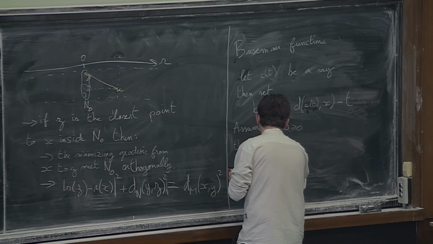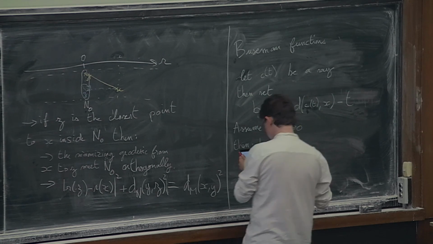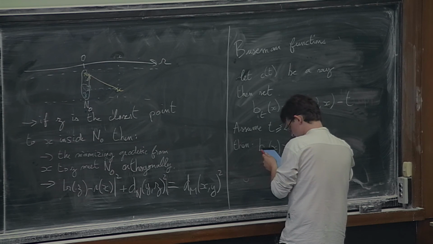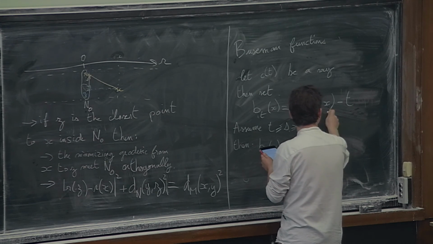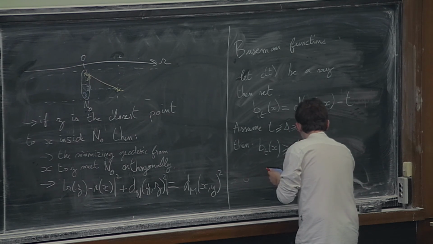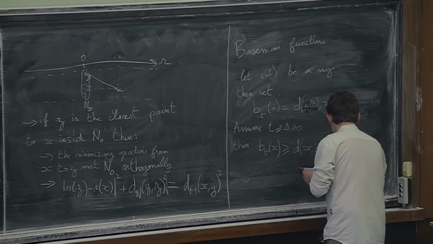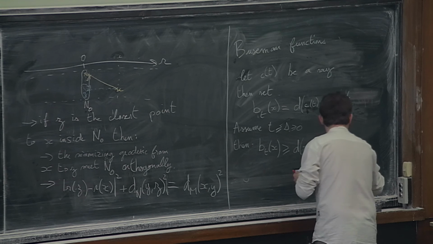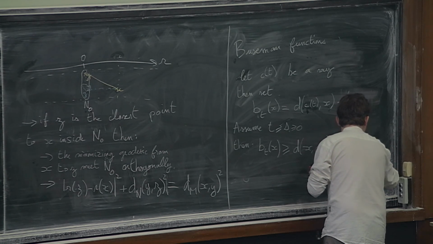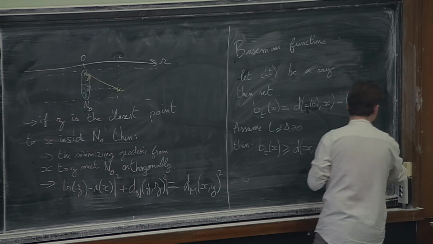So b_t(x) is greater than, I apply the triangle inequality here with c(s): d(x, c(s)) plus d(c(s), c(t)), and then I keep my minus t.